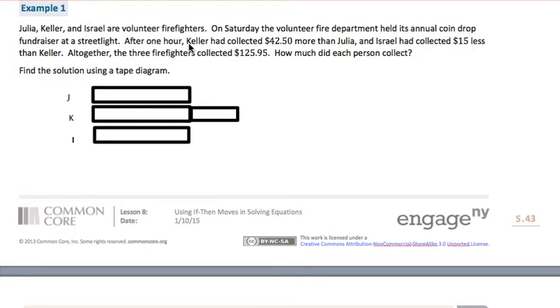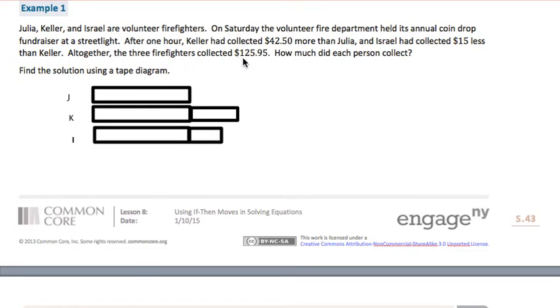Now remember, Keller had collected $42.50 more than Julia. And if Israel is $15 less than that, Israel's is still a little larger than Julia's. So we'll add on to Israel's, but it won't be as large as Keller's because Keller clearly has more than that.